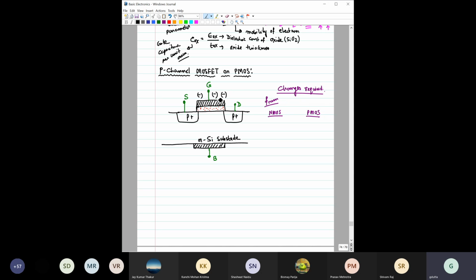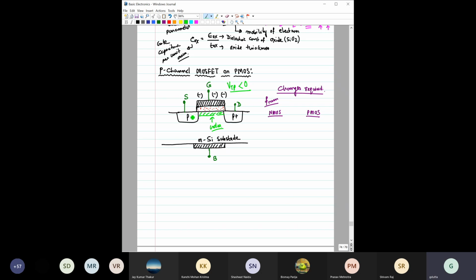So at a particular negative gate voltage, you will be able to attract holes and create a channel here. So that particular voltage would be the threshold voltage of this P channel MOSFET. And from this discussion it should be clear to you that VTP, that is the threshold voltage for this P channel MOSFET, is negative, less than 0, isn't it?